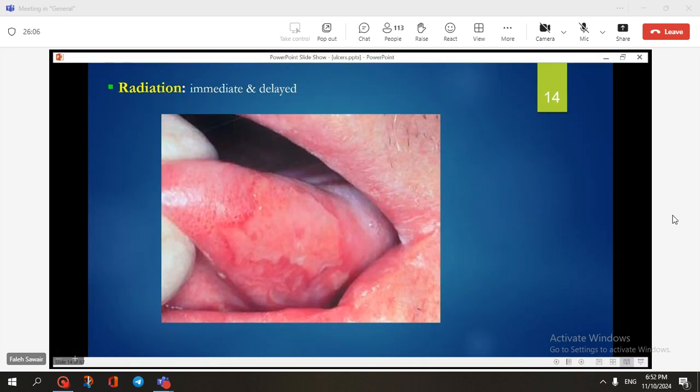Not enough blood is reaching the area because of the obliteration of the blood vessels, and this will cause subsequent erosion and ulceration in the area. This can be secondary to oral radiation, after a while, I mean.